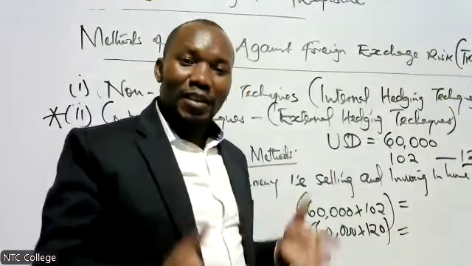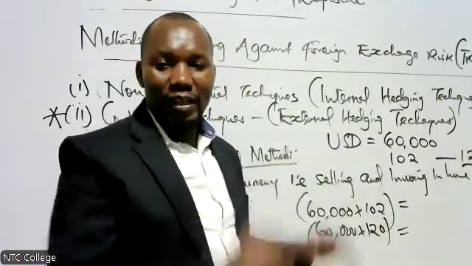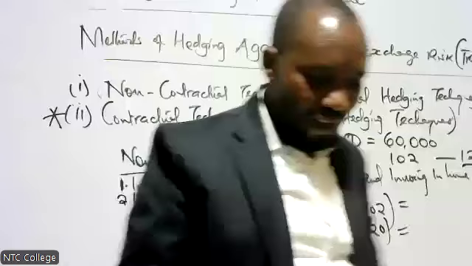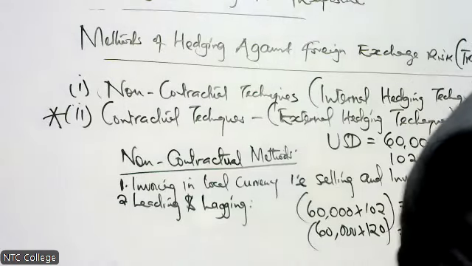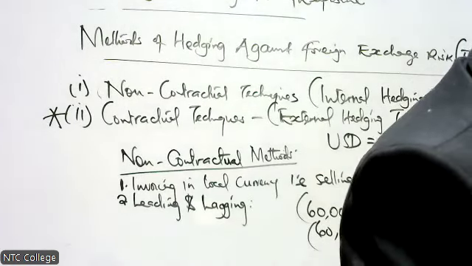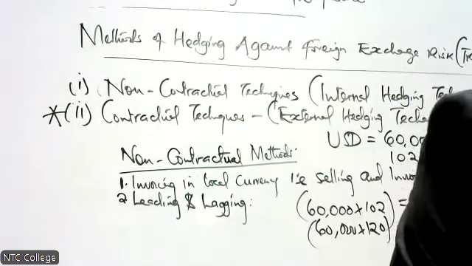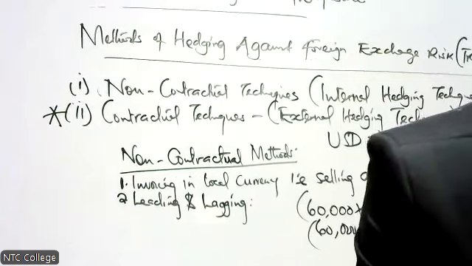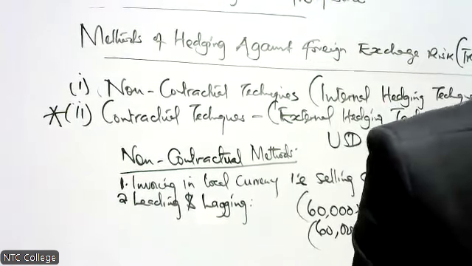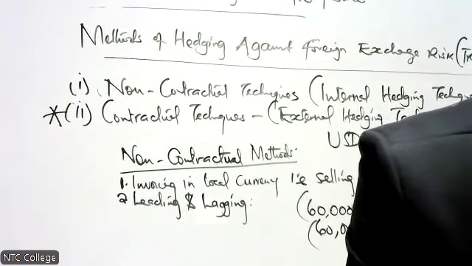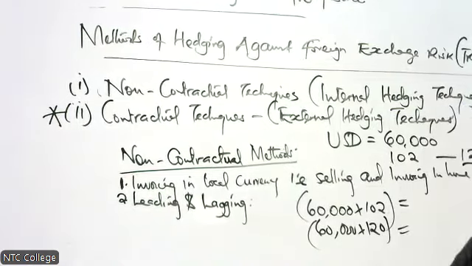Ngojea hiyo time, chukua 98 change, utalipa less Kenya shillings. All right? So that is what we are talking about. Sawa?